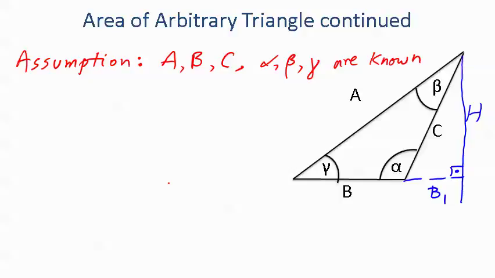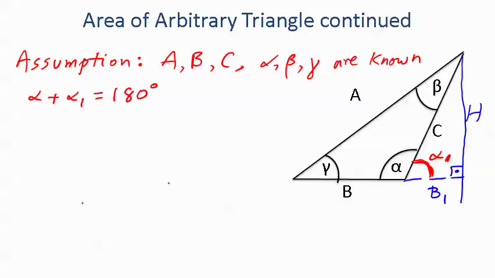So here we observe that this angle alpha is known. Then this angle here that side C makes with sides B and B1 could be called alpha 1. But angle alpha plus alpha 1 is equal to 180 degrees.